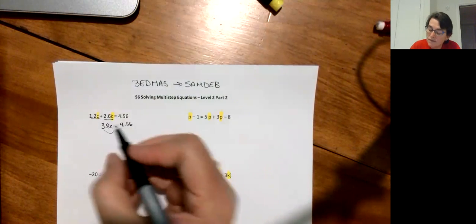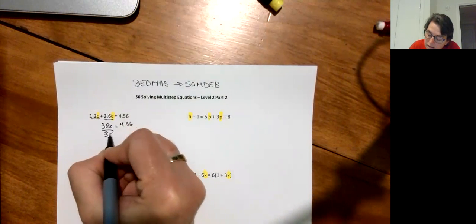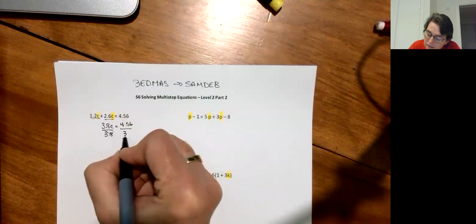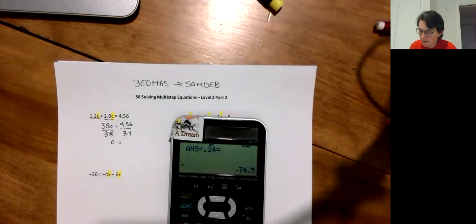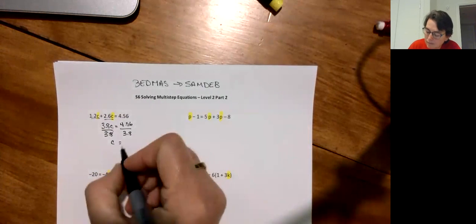So all we have to do is divide by 3.8 on both sides to get your answer. c is equal to 4.56 divided by 3.8. Let's see, it should be 1.2.